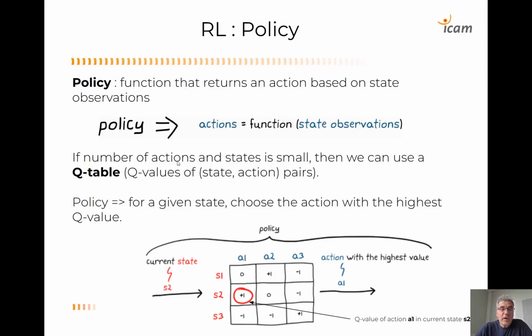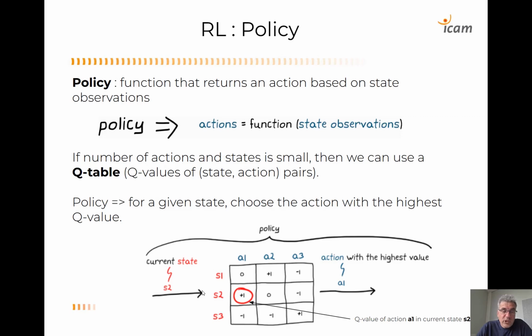If the number of actions and the number of states for the simulation is small, then we can use a Q table. A Q table is something like this. You have the states here. For example, for this game, we have only 3 states: S1, S2, and S3. For each state, we have only 3 possible actions: A1, A2, A3. In this Q table, each cell contains a Q value.